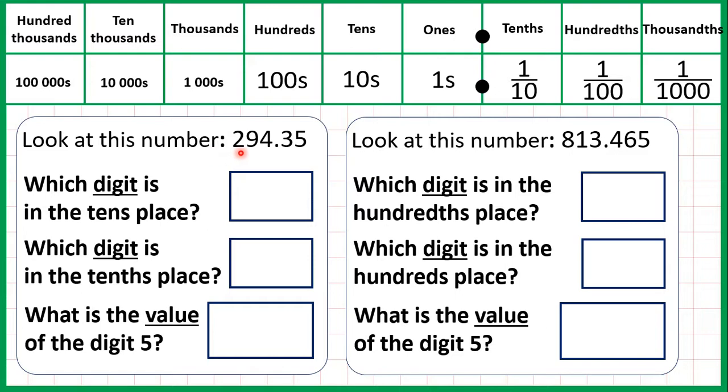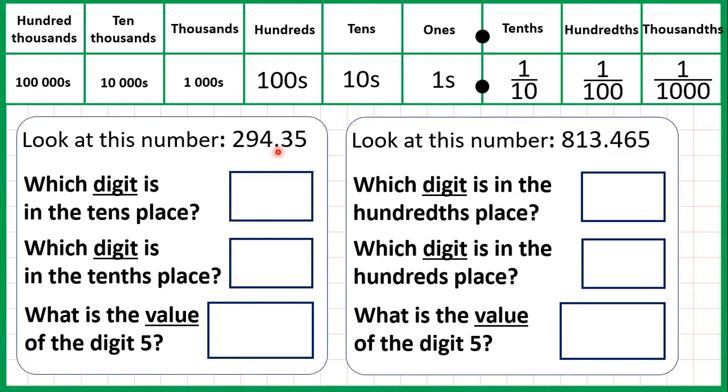We have 294.35. Which digit is in the tens place? Well, we have to be careful here. If we're looking at whole numbers, we know that we can find the tens by just choosing the digit 2 places from the right.